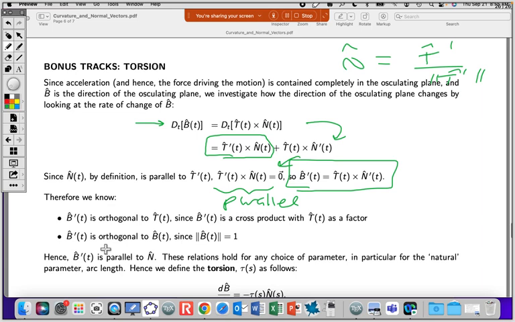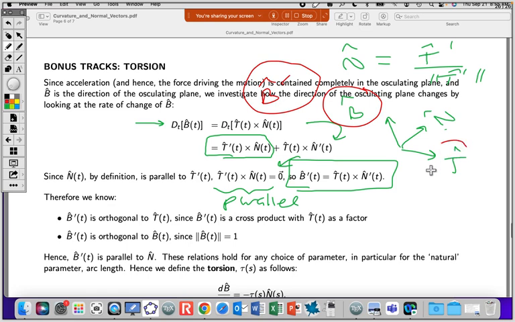So that means whatever b hat prime is, it's orthogonal to b hat and t hat. That means it has to live along n hat. Does that make sense? If you're orthogonal to b and t, you've got to be somewhere along here.